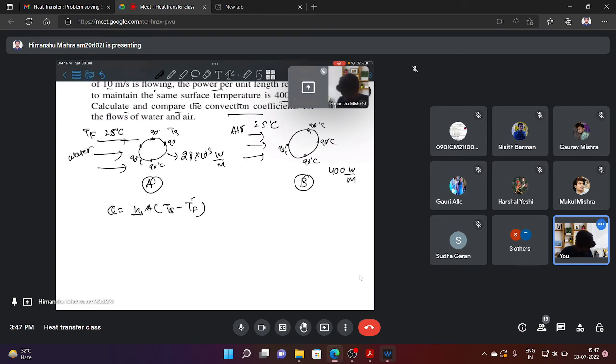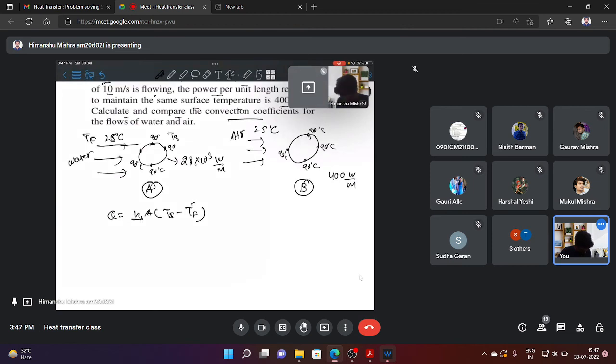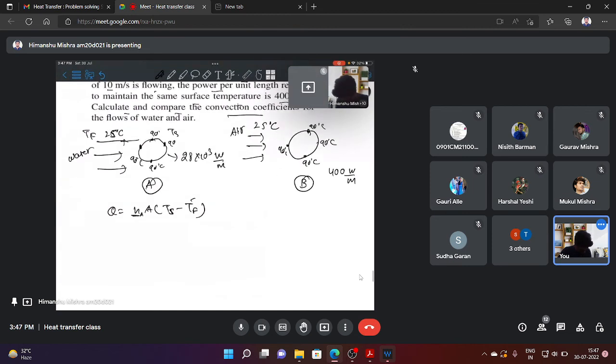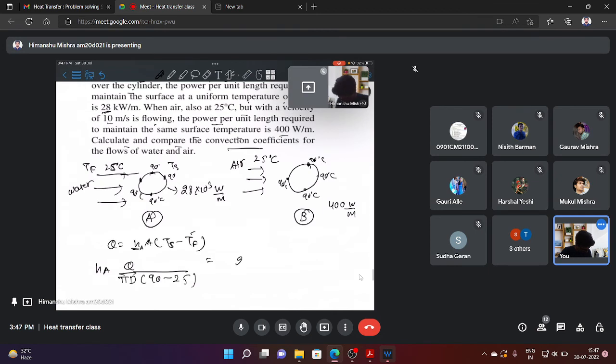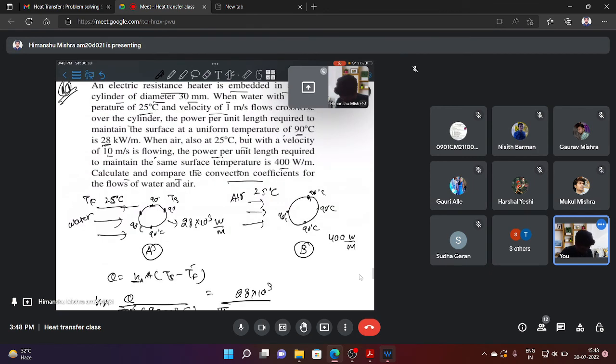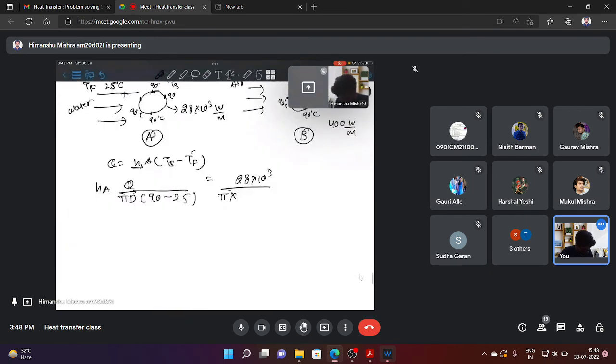So here I can define Q equals h times pi d times (90 minus 25). The diameter is 30 mm, and the 90 minus 25.